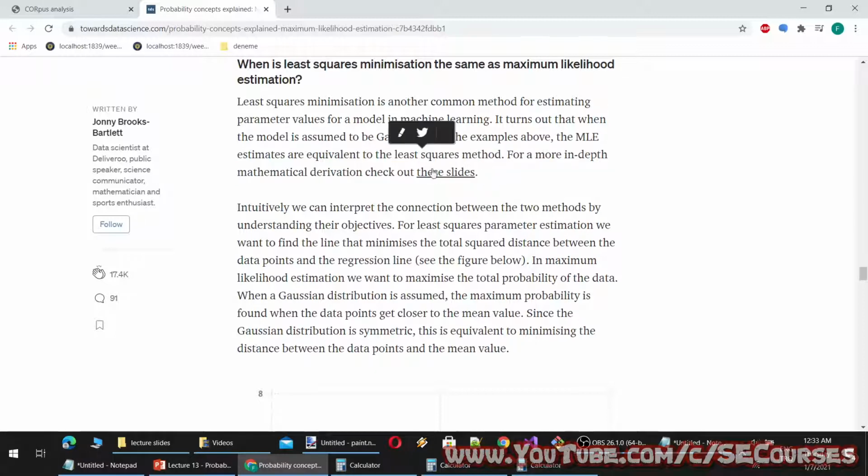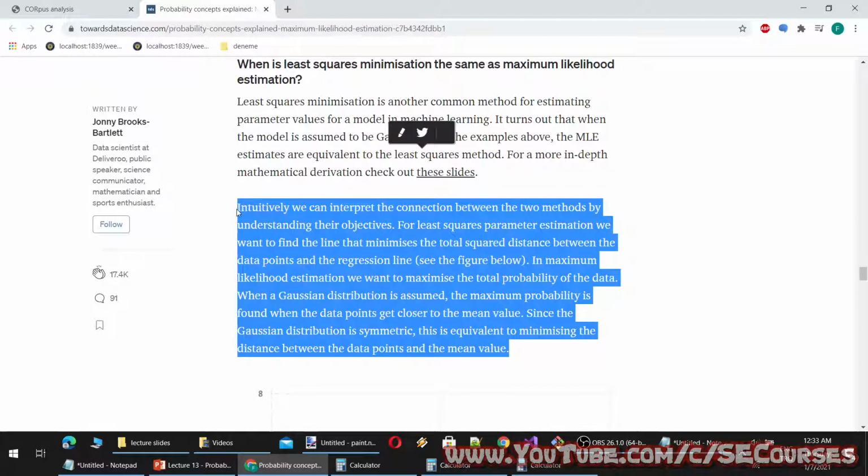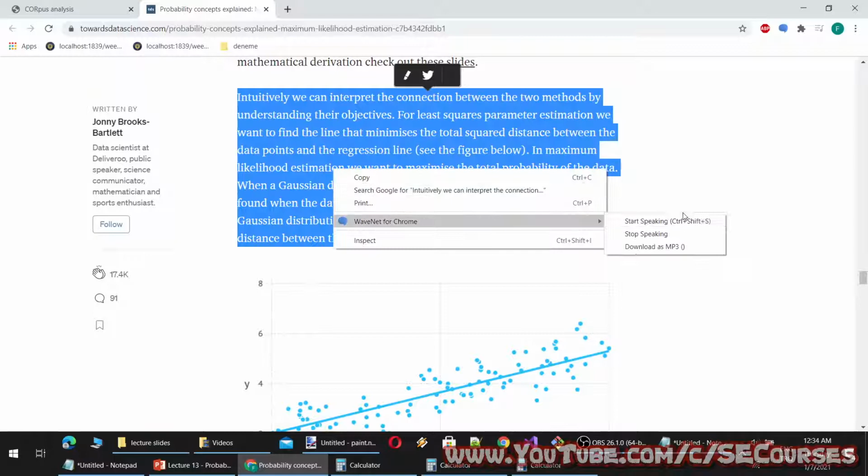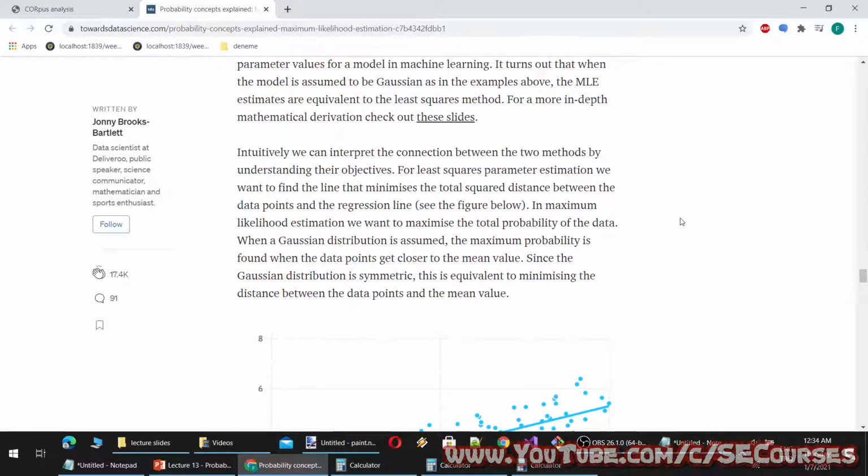For a more in-depth mathematical derivation, check out these slides. Intuitively we can interpret the connection between the two methods by understanding their objectives. For least squares parameter estimation we want to find the line that minimizes the total squared distance between the data points and the regression line, see the figure below.